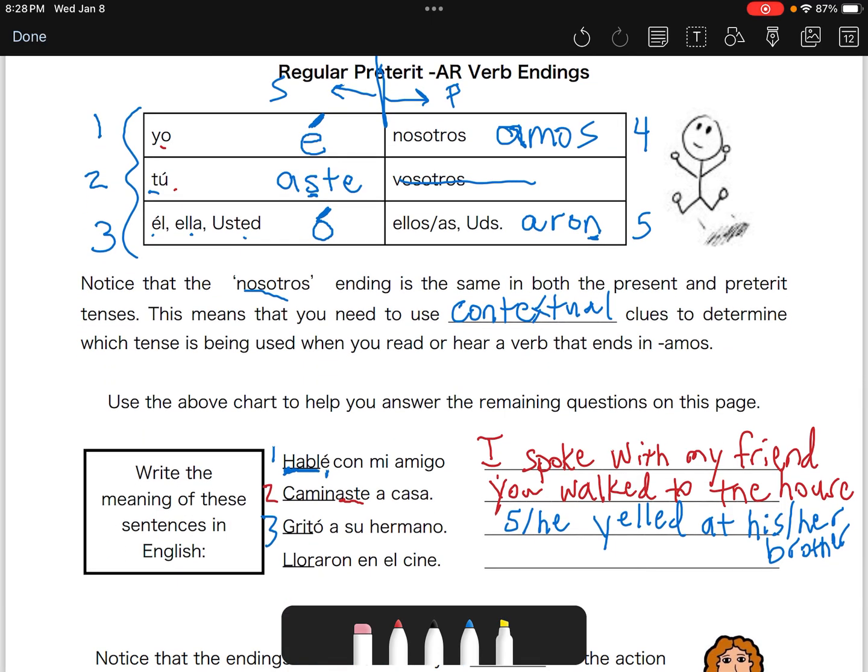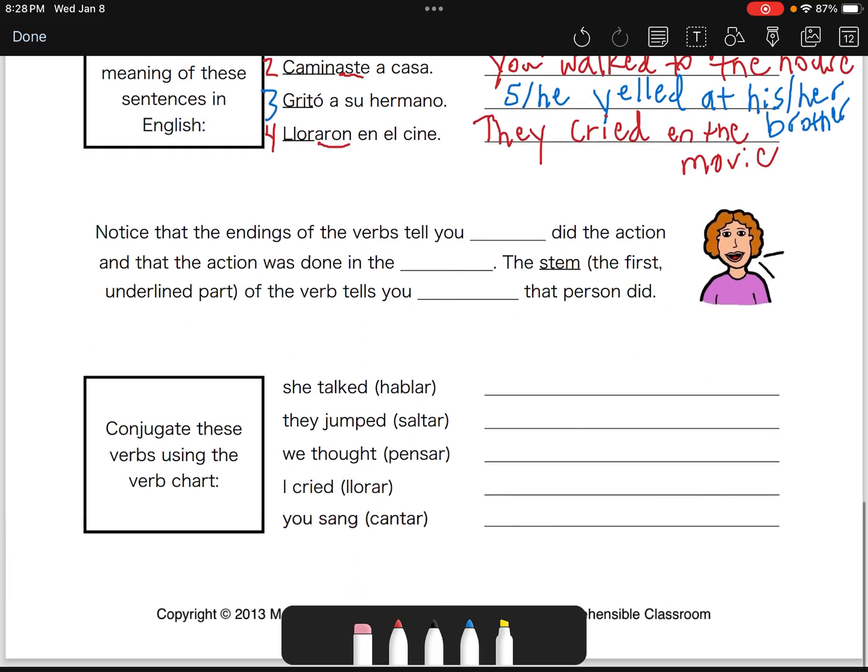Okay. Lloraron en el cine. Number 4. Llorar means to cry. So who's doing the crying? It's plural. They are. Or you all are. We'll just say they. They cried, because it's past tense, in the movie. Okay, our next examples.